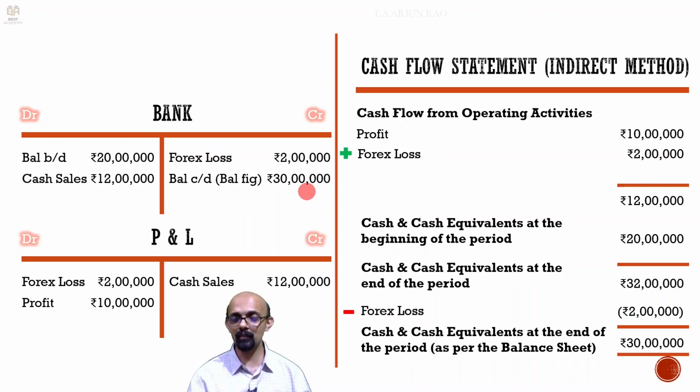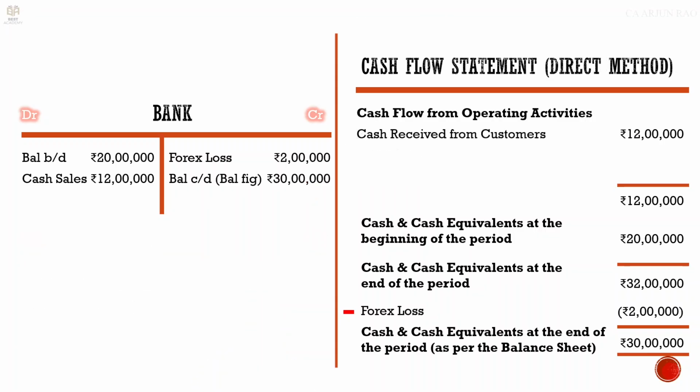So let's quickly summarize what we need to do under the direct method. In the direct method, we will simply show cash received from customers and all other cash flows directly, and we show forex gain or loss as an item of reconciliation. That is all we need to do in direct method. In indirect method, we won't get this 12 lakhs.